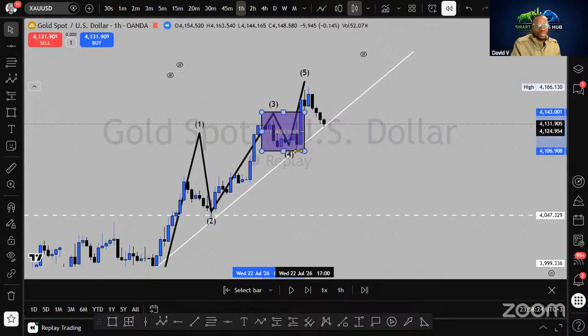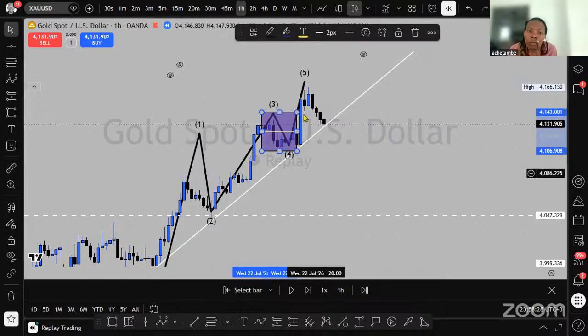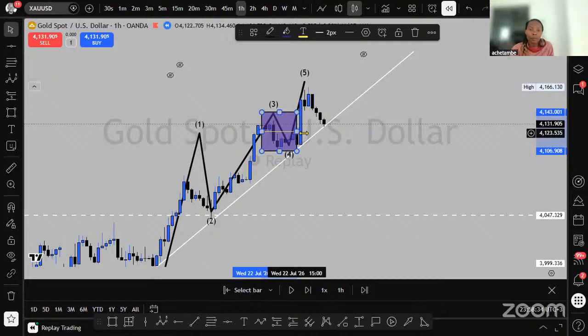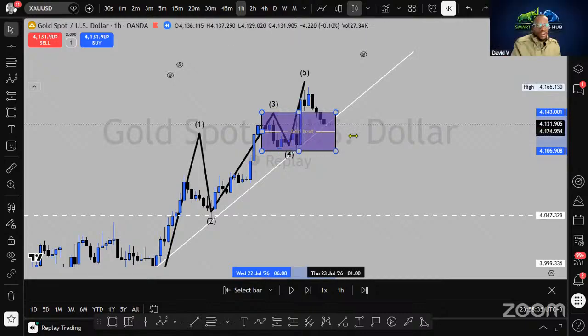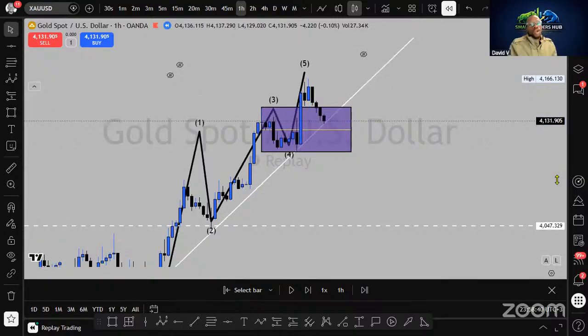Do you agree? And this was not. So if I extend it to the right side, where do I want to take this trade? Now I realize what? What was this?